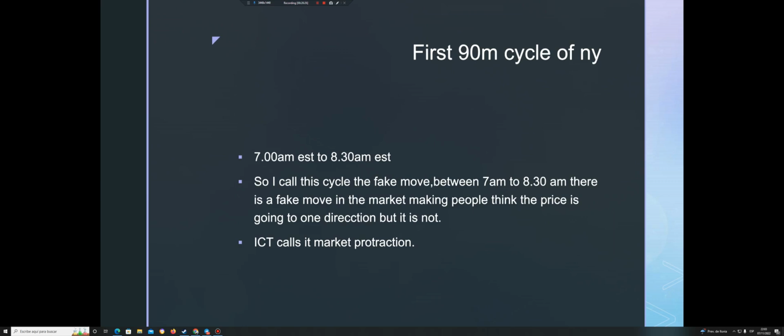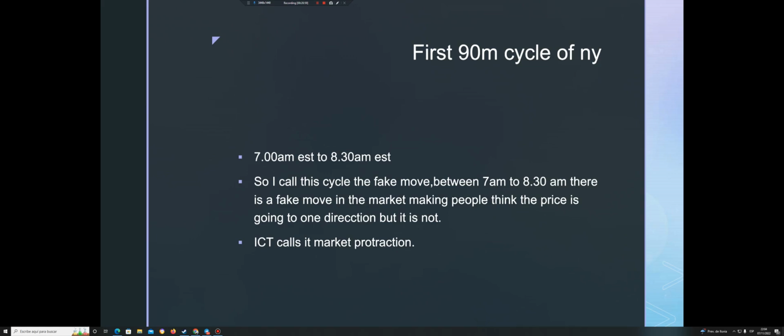But if you watch that video of ICT saying that at 7 a.m. London time, there is a fake move that makes people think the price is going in one direction, but it's not. And he calls it the market protraction.